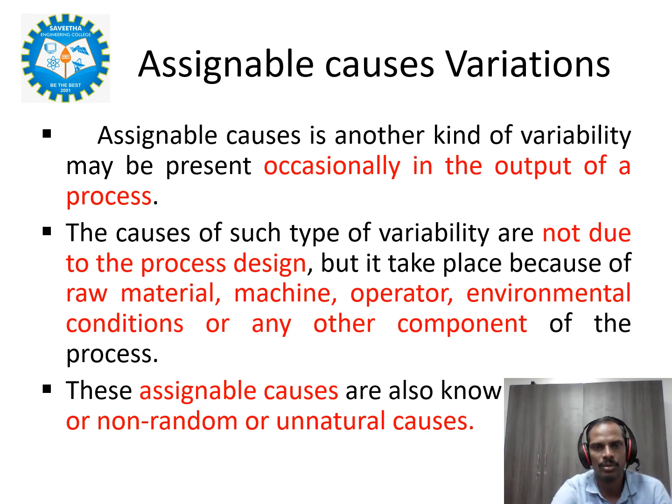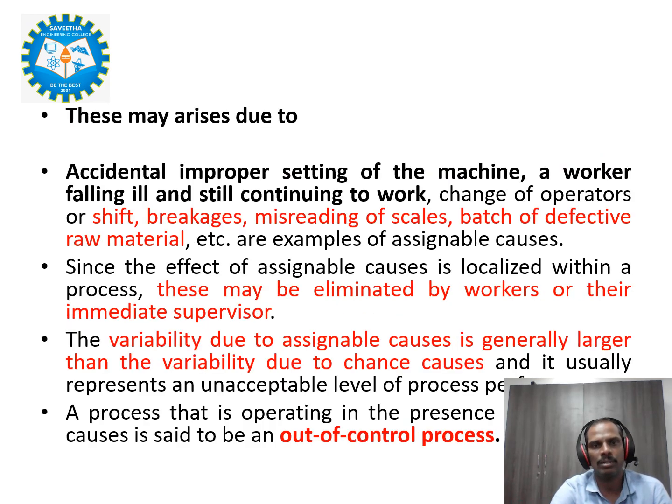So an assignable cause is also known as a non-random cause. It happens with improper machine settings, a worker falling ill, or workers continuously working on the equipment. Shifts not changing, breakages, misleading scales on equipment, and batches of defective raw materials are the main examples of assignable causes. The variability due to assignable causes is generally larger than the variability due to chance causes.